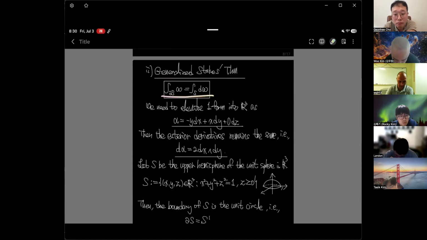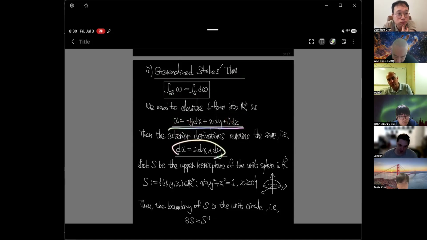So we need d alpha. Alpha was defined in R2, so we can just extend it: put the z coordinate as 0, then the remaining part is going to be the same.